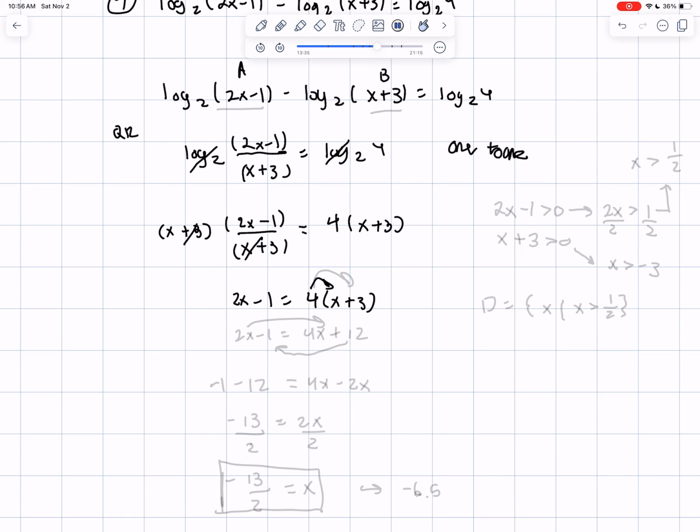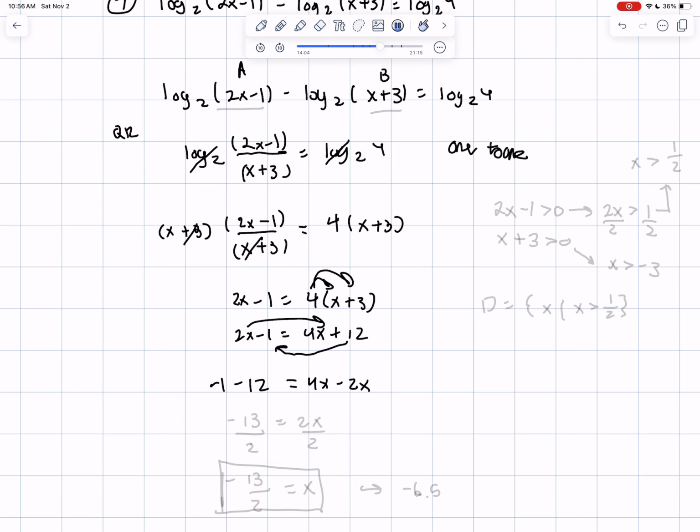Then we distribute. Now I can combine like terms. Make sure all my signs are correct.